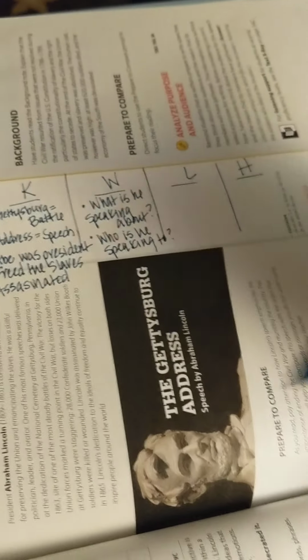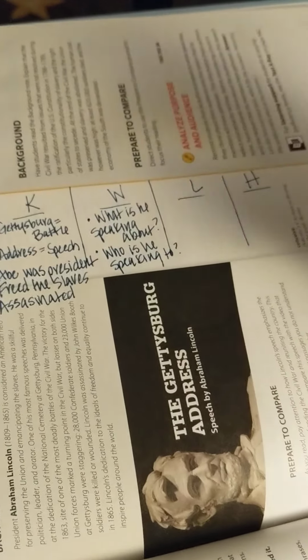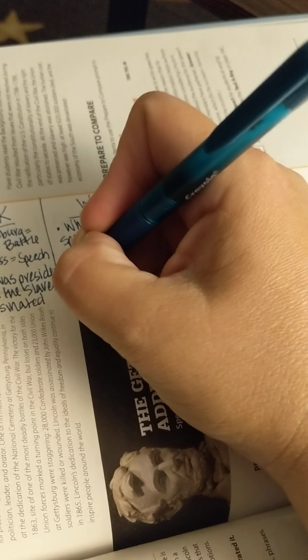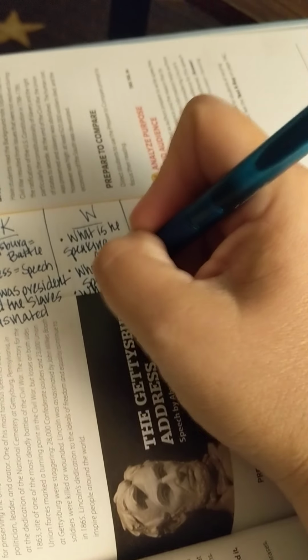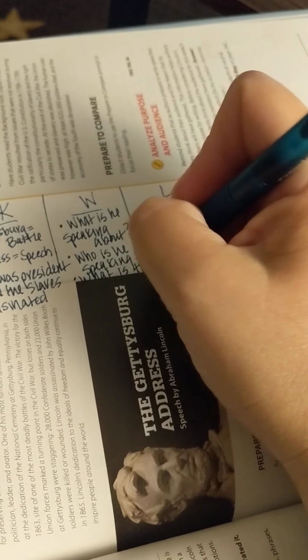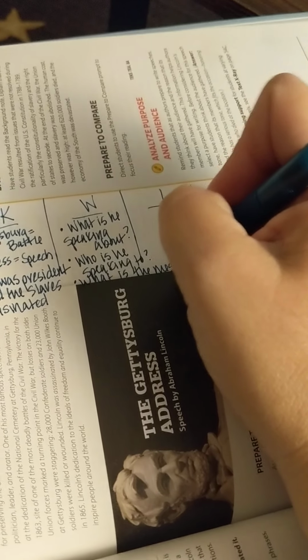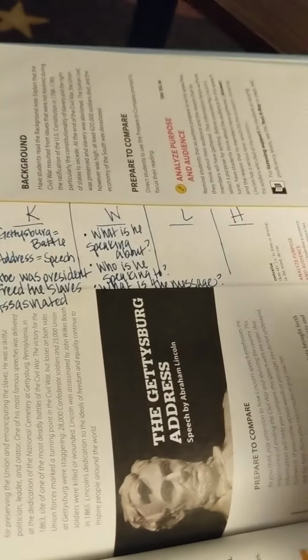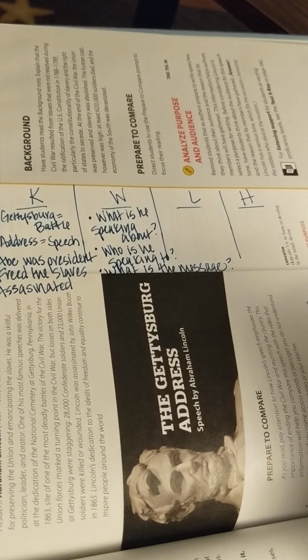And then most speeches, like, have a message, right? Nobody gets up and talks just to talk. There's some kind of message. So maybe what is the message? Question mark. Okay, so these are things that I want to know.